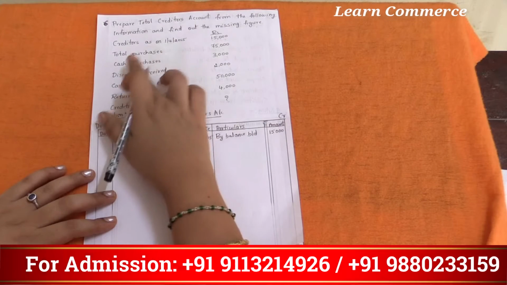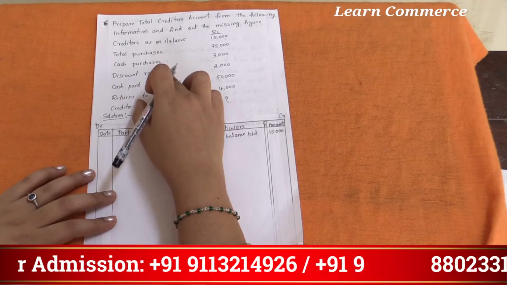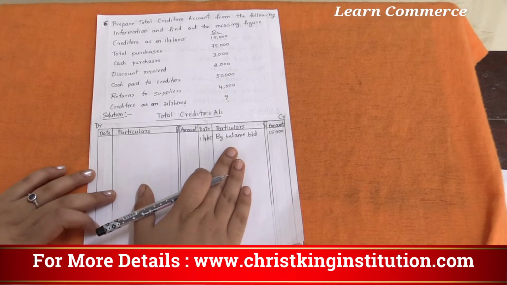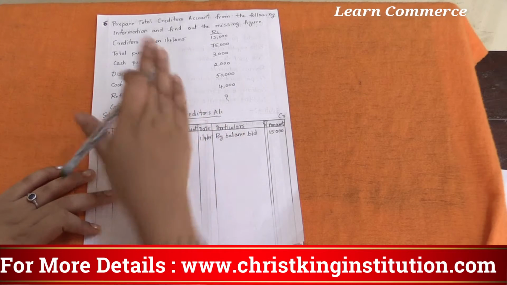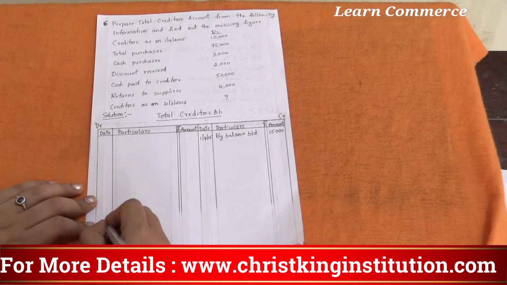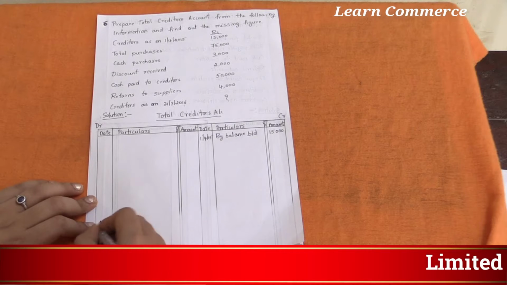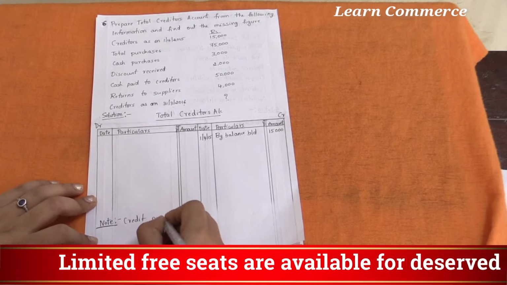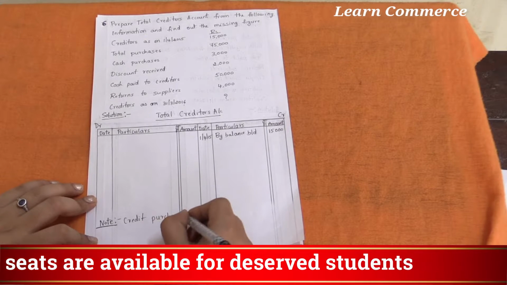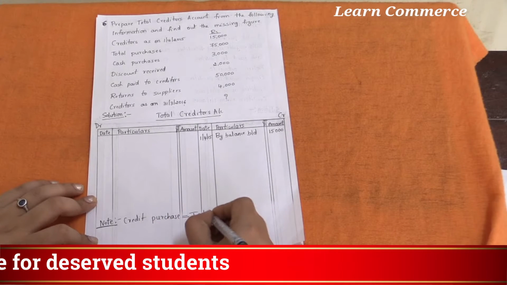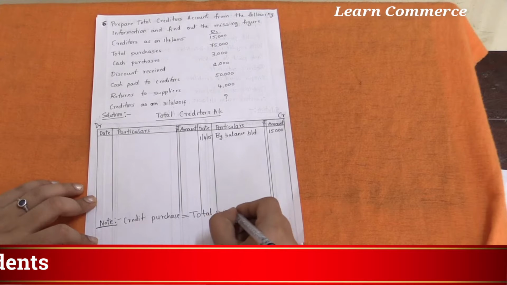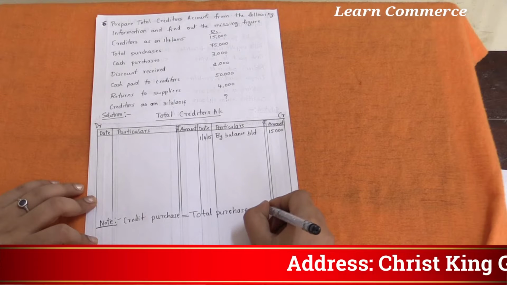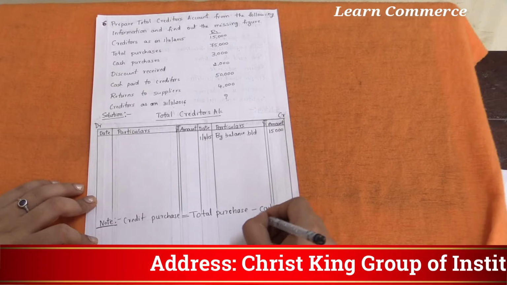We are not recording total purchases and cash purchases. In this total creditors account, we are only recording the credit purchases. So we have to calculate credit purchases. Write it here, note: credit purchase is equal to total purchase minus cash purchase.